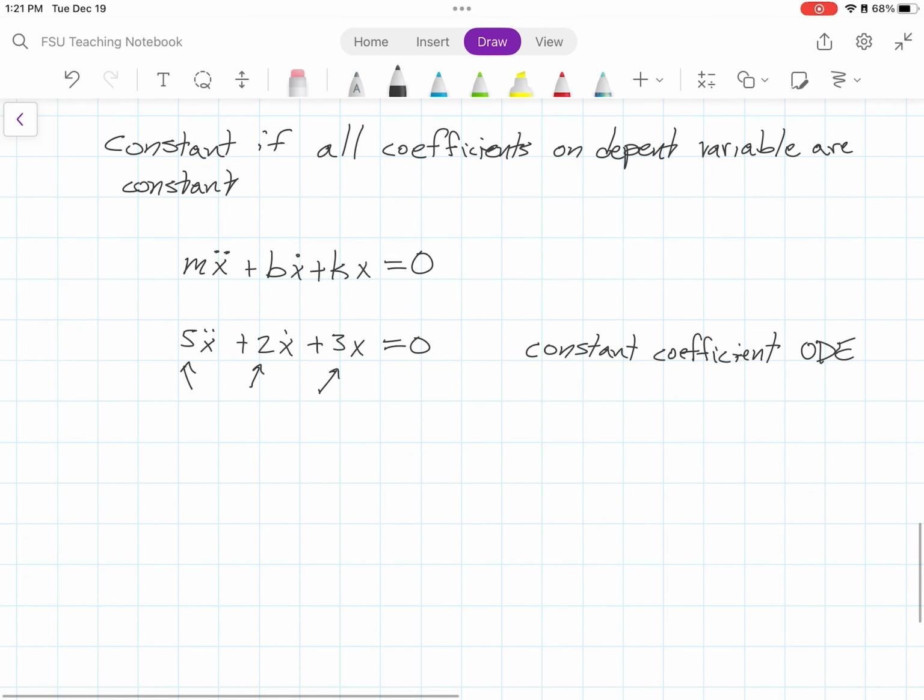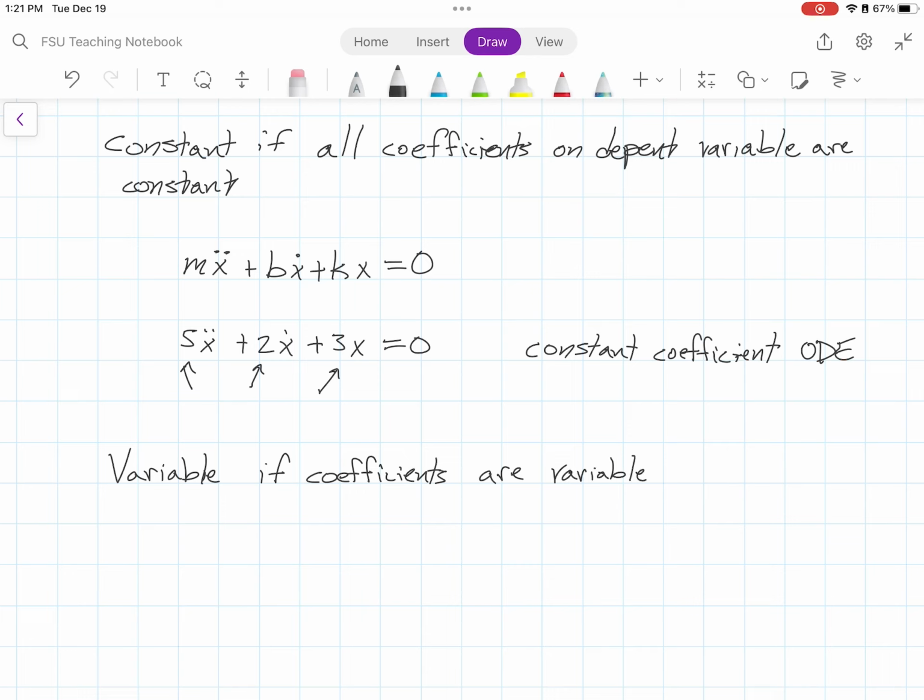On the other hand, you have a variable coefficient if the coefficients on the dependent variables are variable with respect to your independent variable.